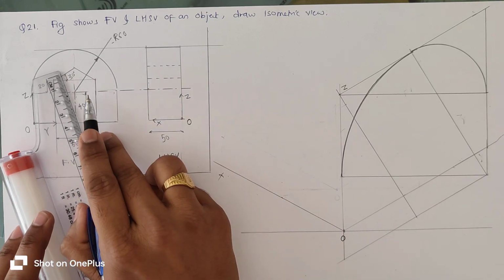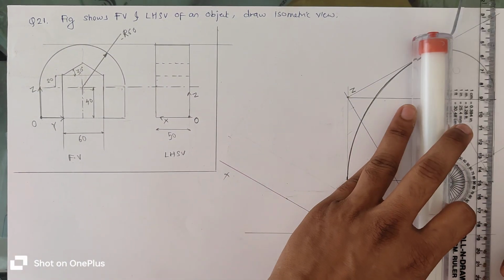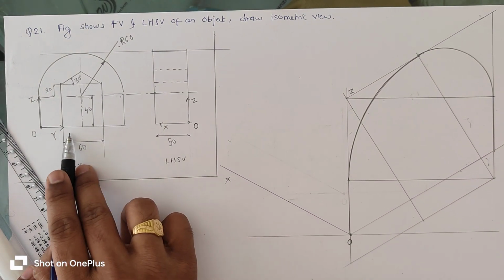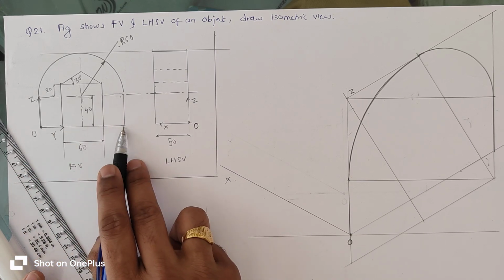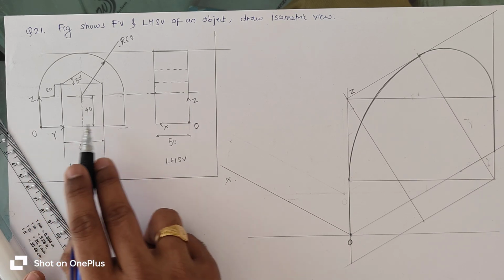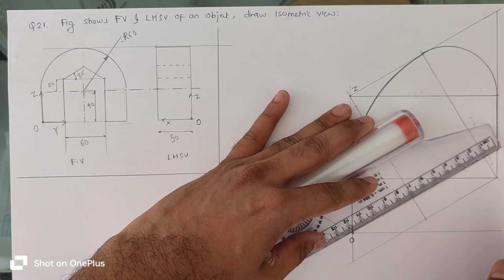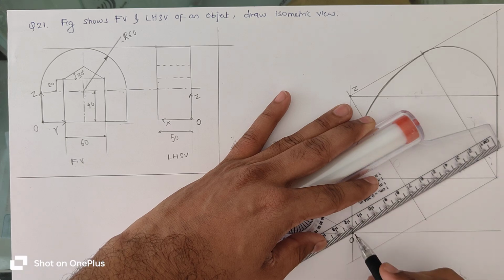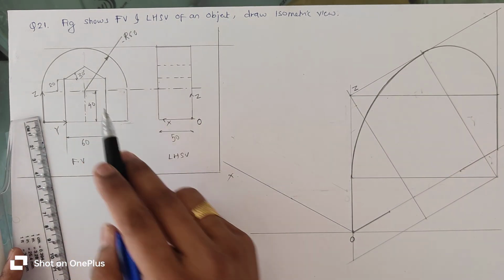Now draw 40 mm from this side, 40 mm from this side. Now this distance is given. So as this is total 120, right, 60 is removed, so this distance is 30 and 30. So from this point we will take 3 centimeter and from this point 3 centimeter, and the height is 40.